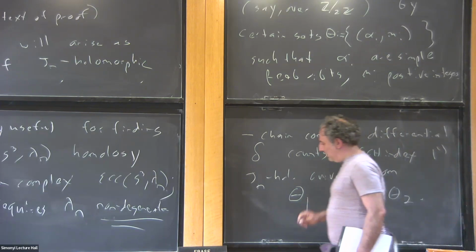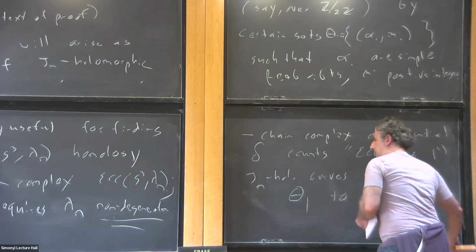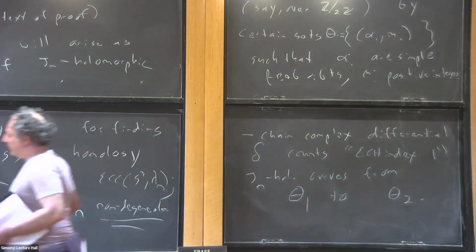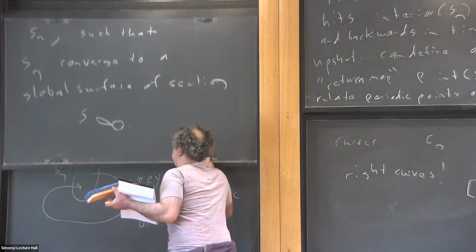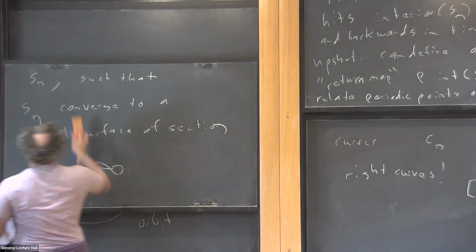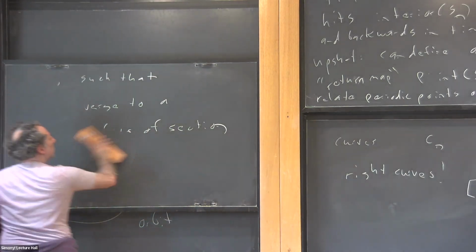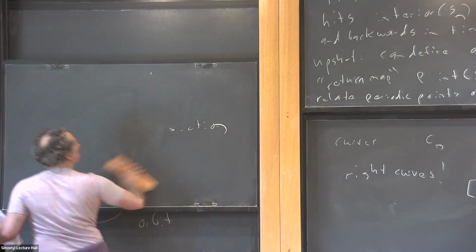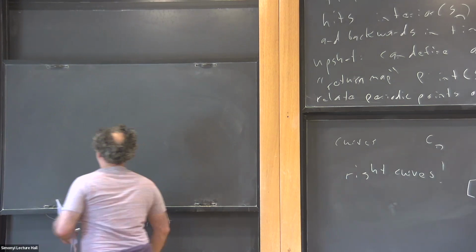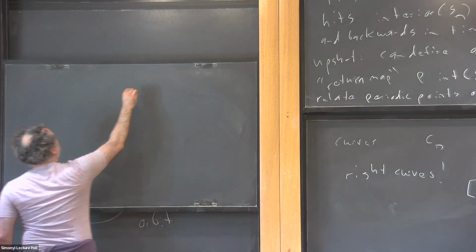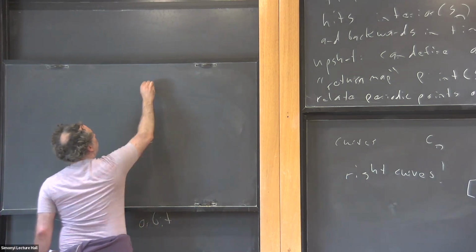Maybe I'll draw a picture, and I can always elaborate on this if people would like to see more. So a good picture to keep in mind is something like this.